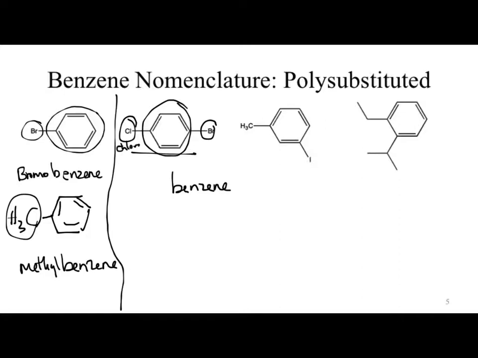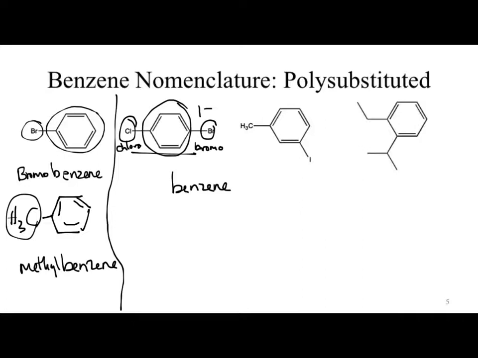We have a chloro and bromo. Which one's going to be our highest priority? Where does our numbering start? So we'll say it's 1-bromo. Where's the chlorine? Position 4.